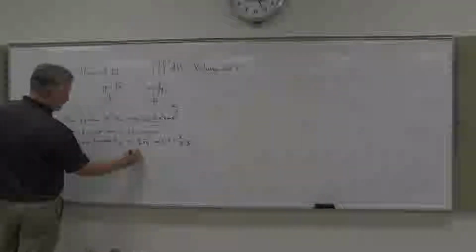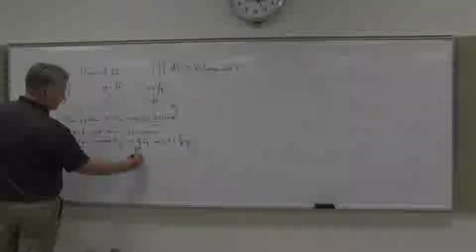So if y is 1, we'd have x is 3/2. If y is 2, we would have 3/2 times 2, that'd be 3.